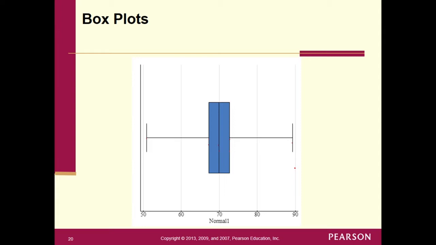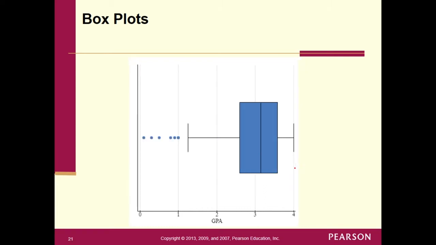Now, in order to see bell-shaped, you might have to go ahead and look at a histogram or a dot plot or a stem and leaf. Okay, but here we can certainly see that it's symmetrical, and chances are it's probably going to be bell-shaped, but you never know until you actually take a look at it from a histogram standpoint.